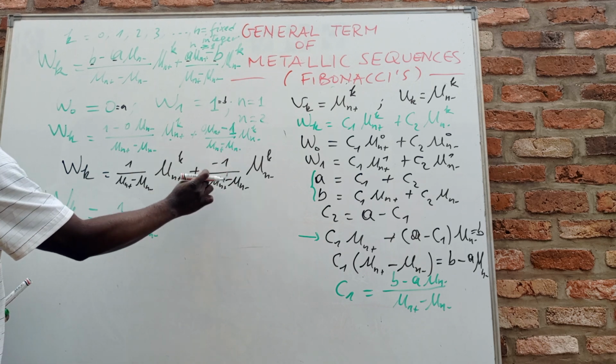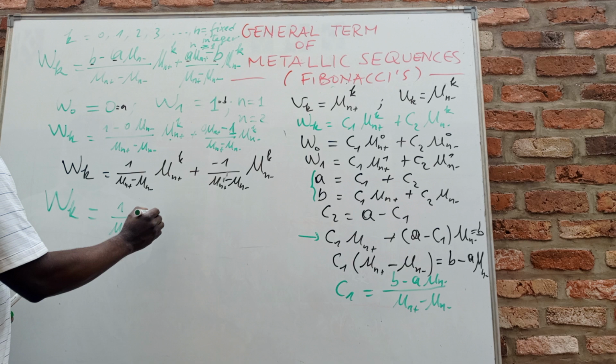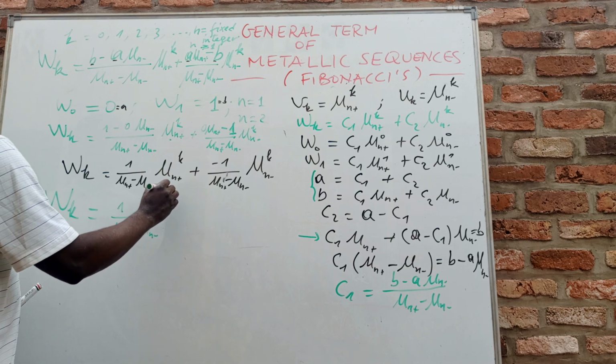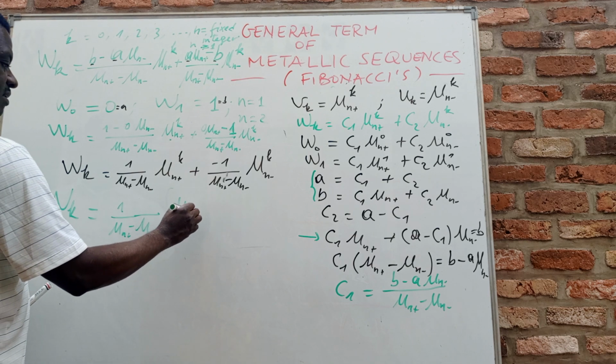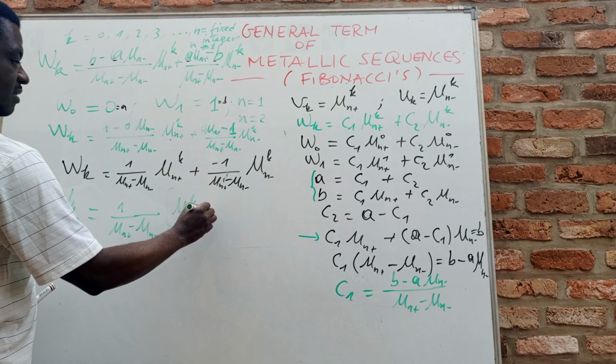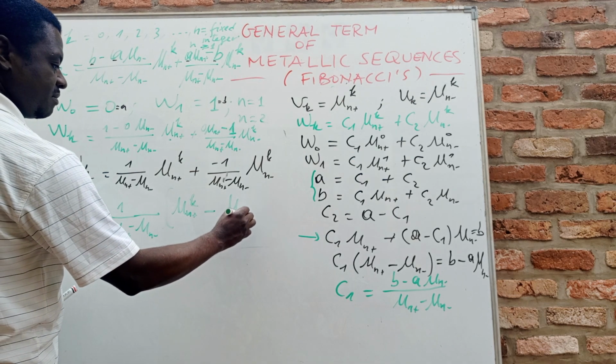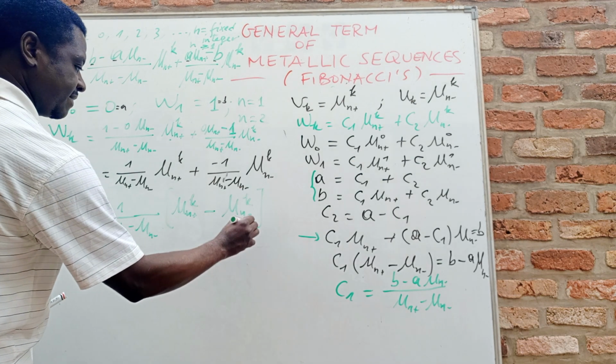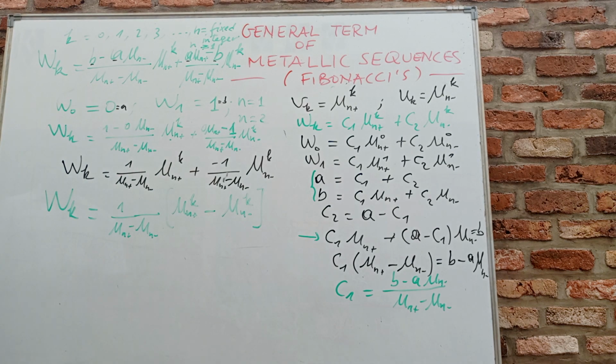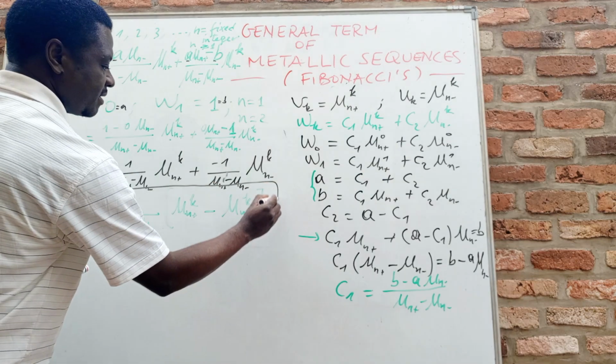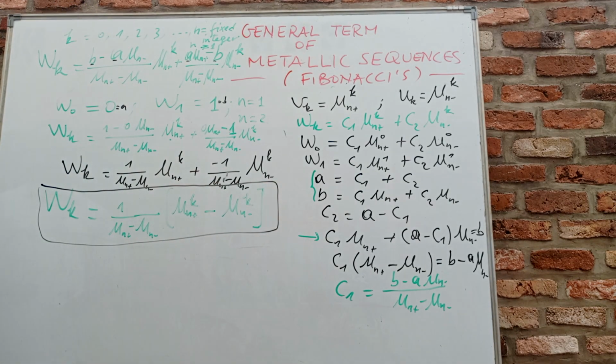So it is common except have a negative here. So times the mu n power k minus mu n minus power k. Okay, so this is what we are going to have for the simplest case where a is equal to 0 and b equal to 1.